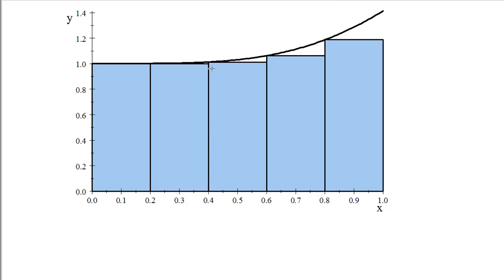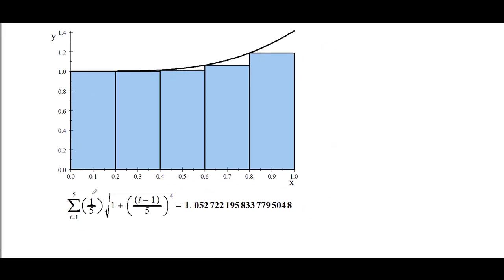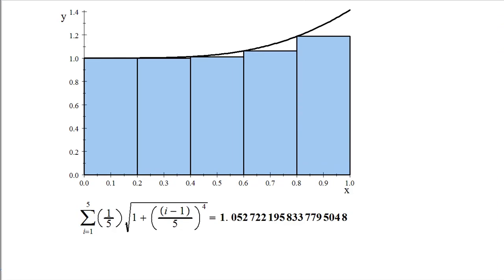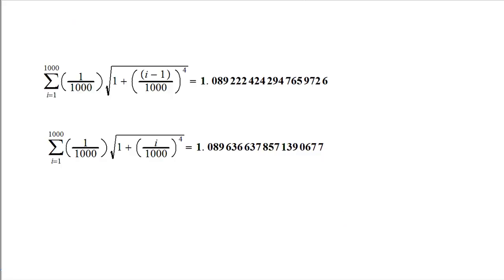Okay, so when that happens, right here we will be doing it with the value of x at 0. So I'm just taking i minus 1 instead of i as in the previous case. Here, with these 5 rectangles, you can see this is lower than the value that we had before.